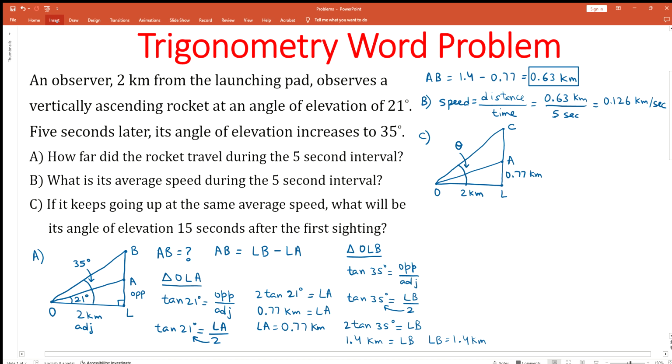As per the problem, the rocket maintains the same average speed. So the first step is to find the distance from A to C using the distance formula. The formula is distance equals speed times time.